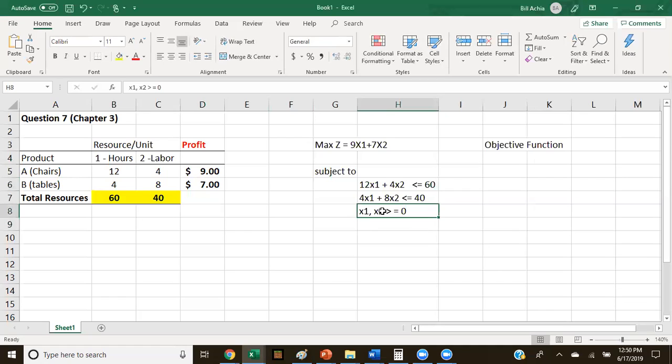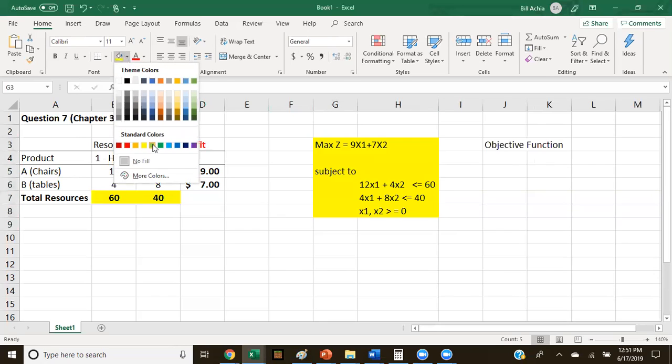We don't have a negative human being. So at a minimum we'll make 0 chairs, 0 tables, but beyond that we can make as many as possible based on the different constraints that we have. So this right here becomes our linear programming model, and that answers our first part of the question.